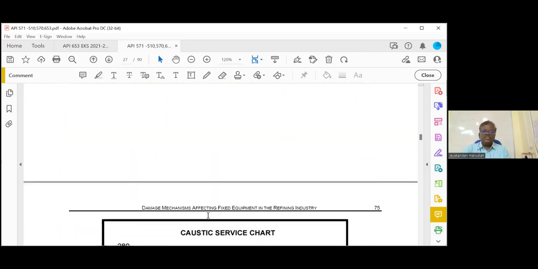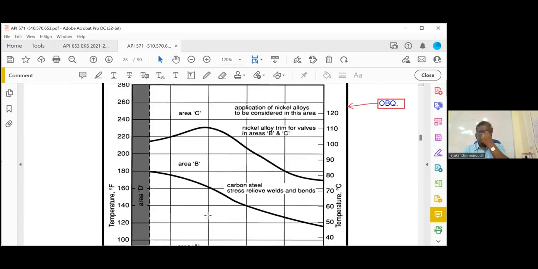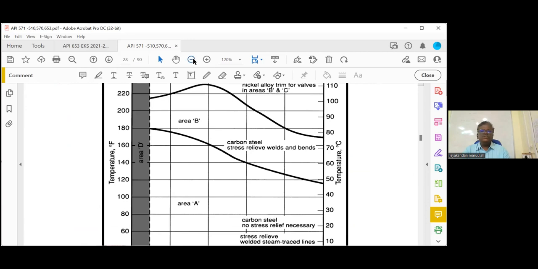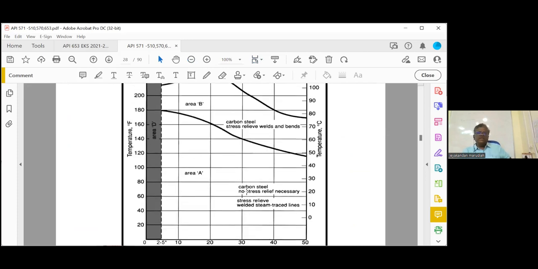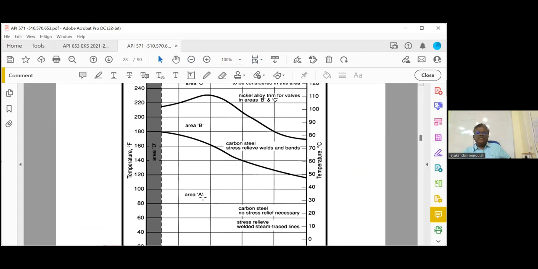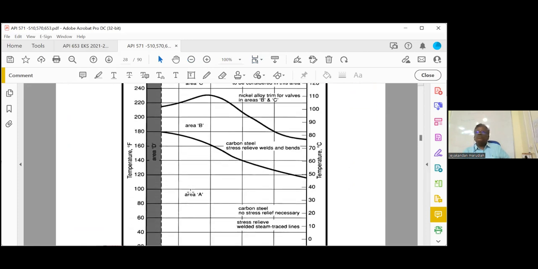And you can see on the next page, there is a figure chart. On the x-axis, it is given concentration of sodium hydroxide, and on the y-axis temperature in Fahrenheit. And there are 3 areas, area A, area B, and area C. So how will the exam question be asked?